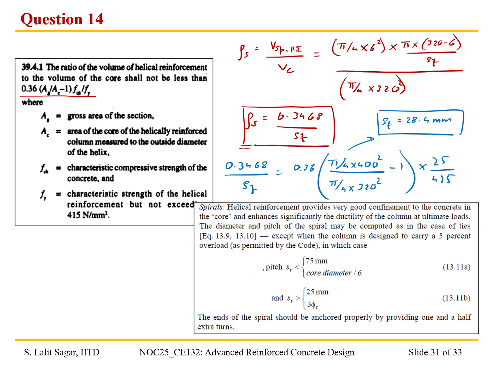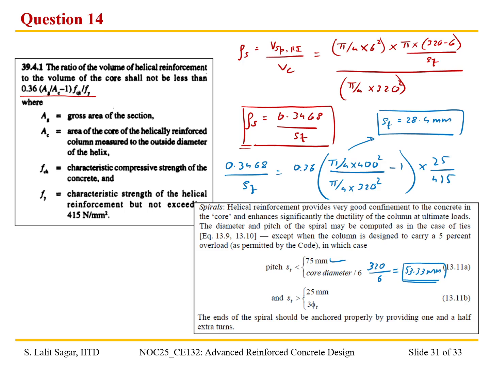Now let us check with the additional provisions as per the code. So ST has to be less than 75 millimeter, which it is coming good. It has to be less than core diameter by 6, that is 320 by 6, which turns out to be 53.3 millimeter. Our design spacing is already less than this value.